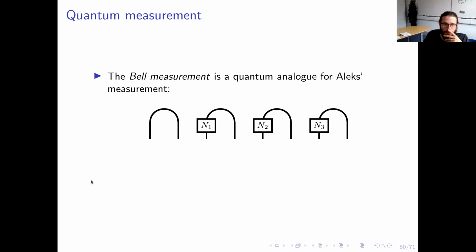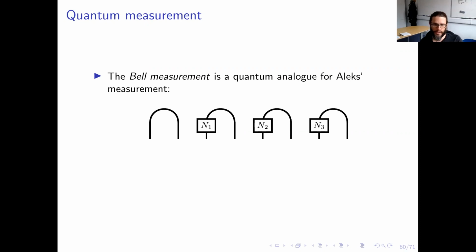And the analogous thing to looking at my two bits and saying, are they equal or are they not equal? Well, I have that kind of measurement. It's a quantum measurement, but actually rather than having just two answers, it has four answers.